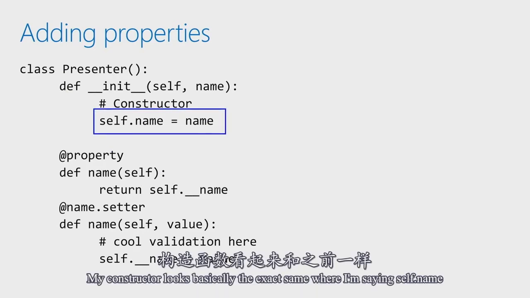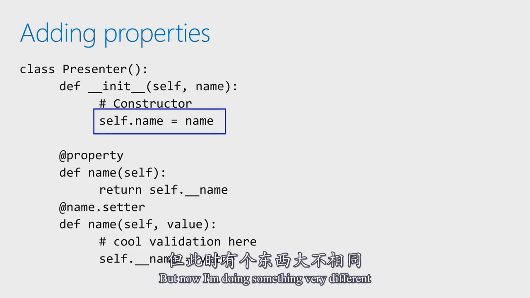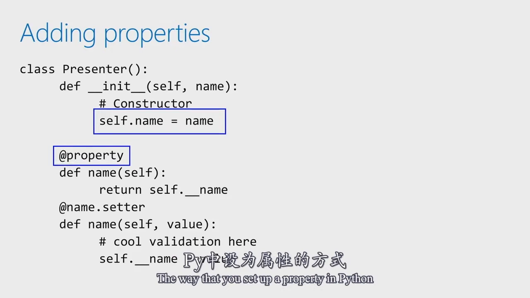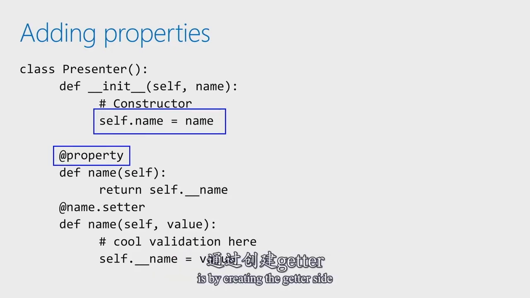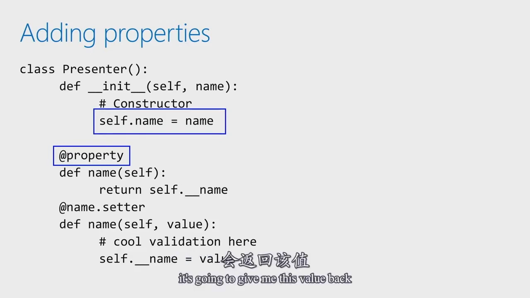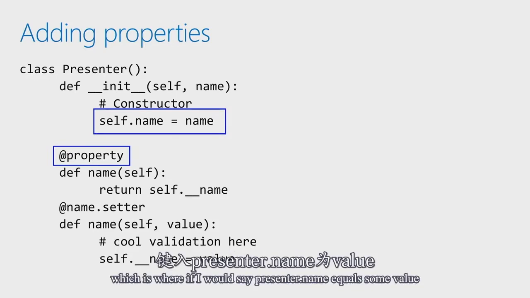My constructor looks basically the exact same where I'm saying self.name, but now I'm doing something very different. Now, name is going to be set up as a property. And the way that you set up a property in Python is by creating the getter side. So if I said x equals presenter.name, it's going to give me this value back. And then I set the setter side, which is where if I would say presenter.name equals some value.